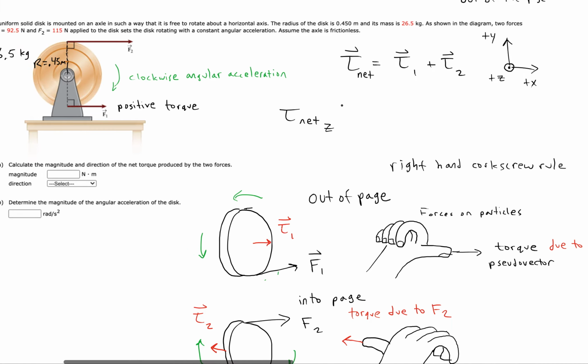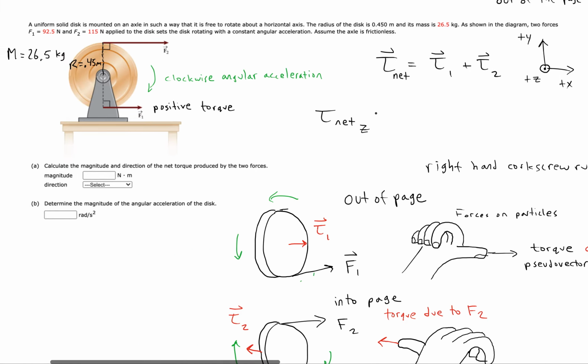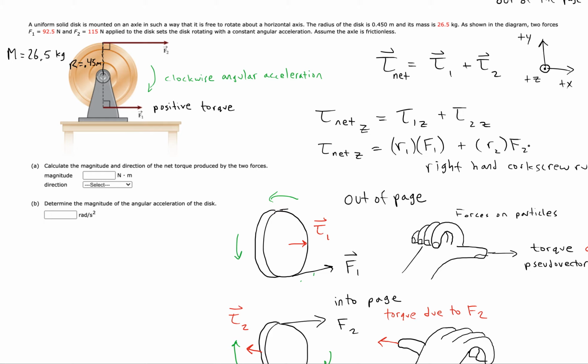Now we can give unit vectors as well if we want. We don't have to. Like we could just say T1Z plus T2Z. In that case, no unit vector is needed. I'll show what it looks like with the unit vectors in a second, but first let's just multiply R1 times F1, and here we'll have R2 times F2, but one of these needs to be negative.